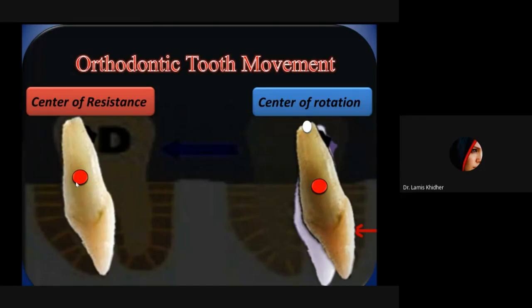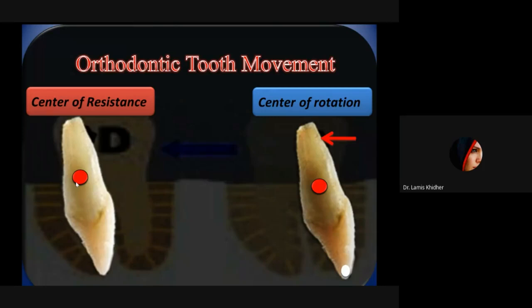that we can get it by using a fixed appliance. The third position of the center of rotation will be located at the incisal edge or at the occlusal line of the posterior teeth. It can be located in there when we use a moment force applied for the root movement.